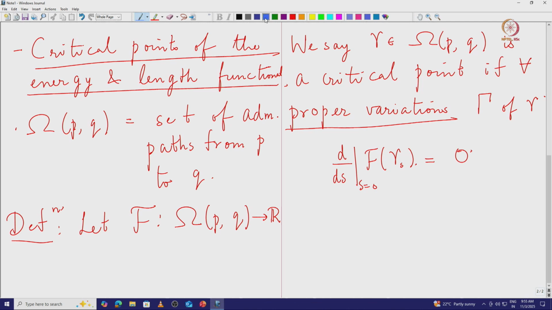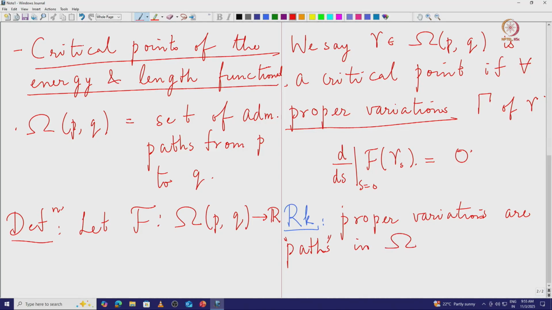Let me make a remark that you should think of proper variations as themselves being paths in the space Omega_{p,q}, and why proper variations? Because they keep the endpoints fixed.